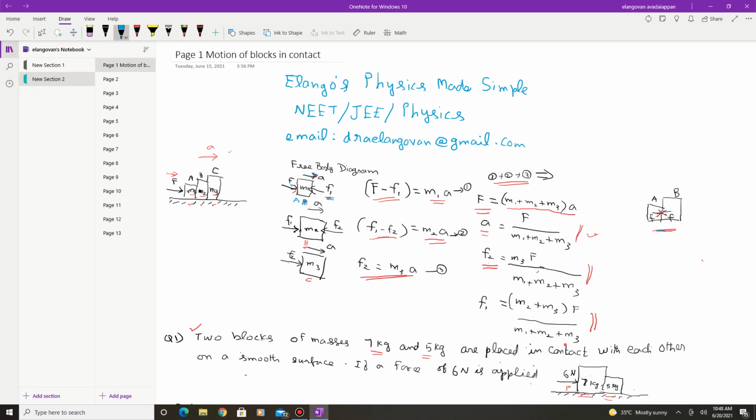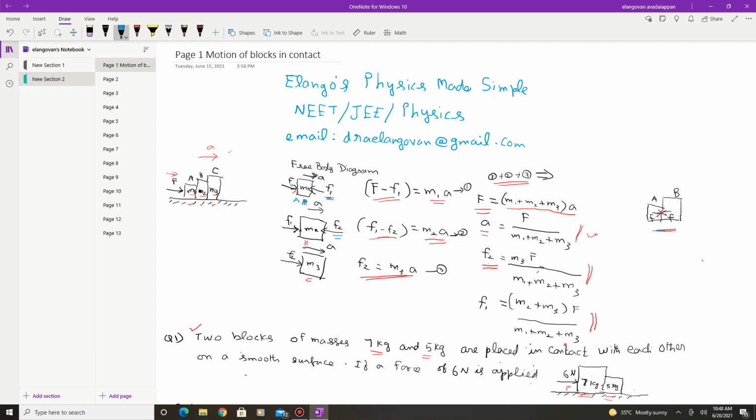Now, if you consider a block B, this is block B, mass m2, here two forces are acting. One force, F1, is a contact force acting on the block B due to A. And since B is also in contact with the block C, there is a contact force F2 acting on the block B from right to left.